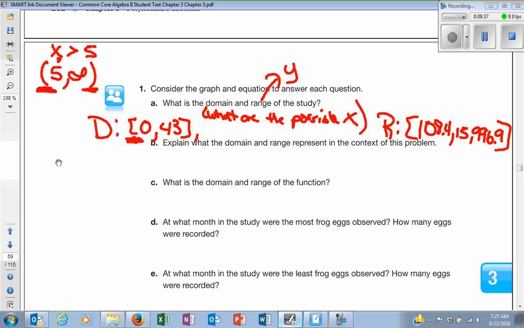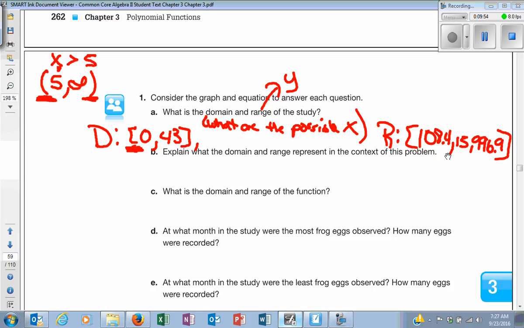The 15,000. So we know that if I went out there and studied that population, I'm probably going to get a number between here. Because they studied it for 43 months, right? If they studied it for that long, that's probably a good indication of how many eggs are going to be there if I just went out there in the wild today.